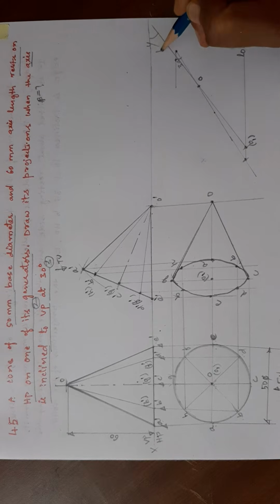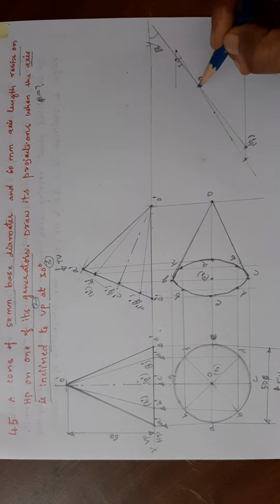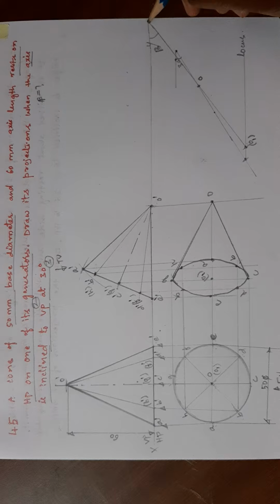Now this is the beta angle. Join O1 O, extend to cut the XY line, so that is the beta angle.